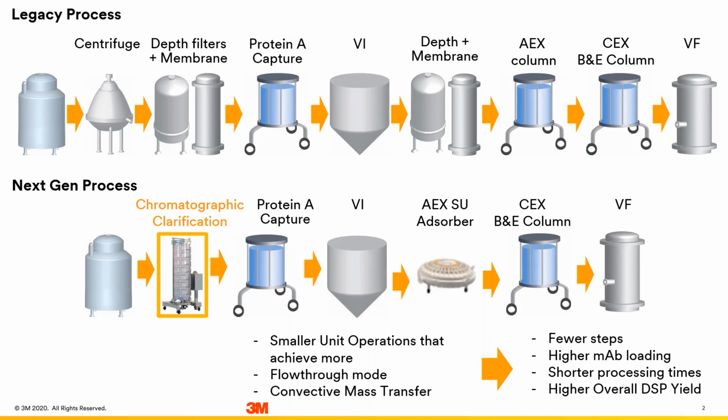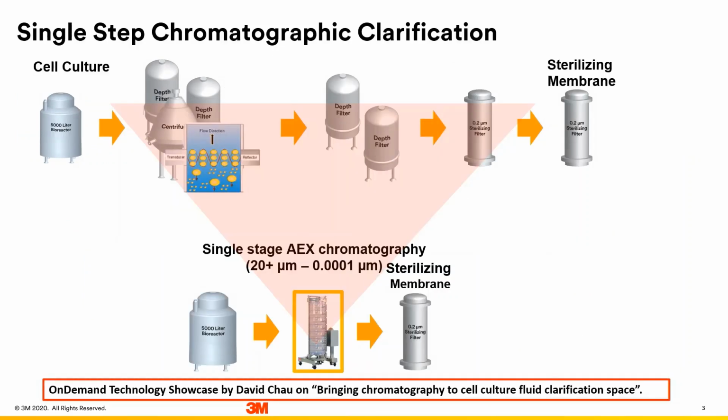So let's have a look at the two technologies that I mentioned briefly in the last slide. The first that I would like to talk to you about is Harvest RC, which is a single-step chromatographic clarification technology. The aim of this technology is to condense a complicated clarification train like this into a single step that is able to handle the full range of particle sizes and also to deal with soluble impurities during the clarification stage of the process.